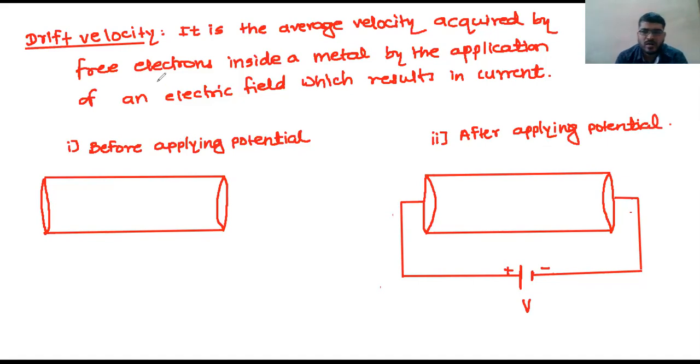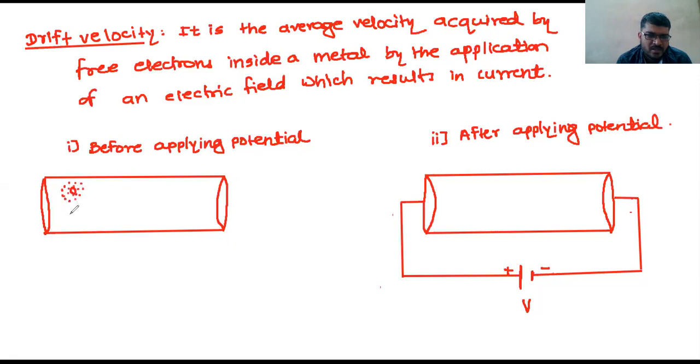Now see here, what happens? This is a conductor, but there is no potential difference applied to it. Initially in this conductor there are so many atoms. This is an atom, with a nucleus, and around it so many electrons are bound in different states.